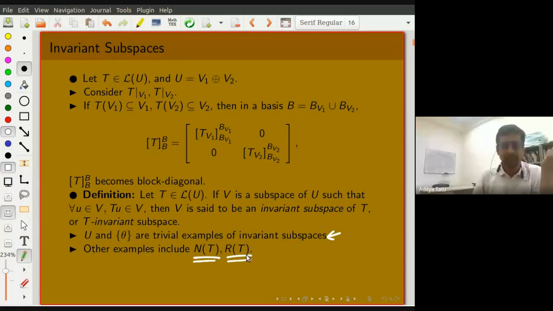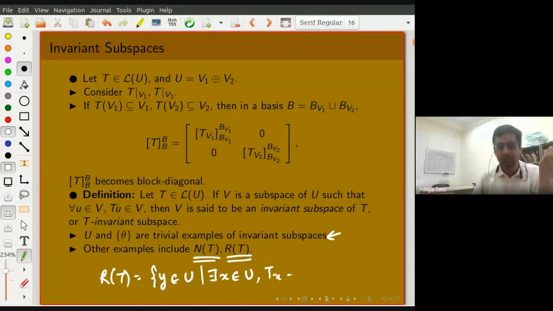Similarly, range. The range of T is nothing but the set of all y's in U such that there exists an x in U with Tx equals y. So will this set be an invariant subspace?